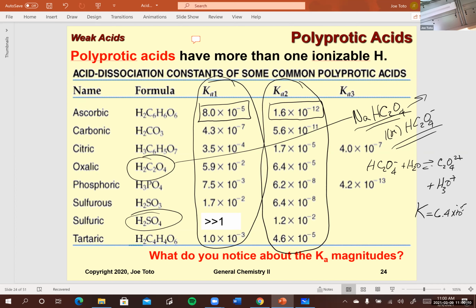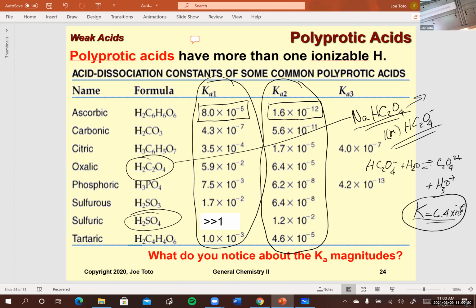And you can calculate the pH of that solution by writing out a nice table and using the appropriate K for that situation, which is the second deprotonation. Any questions on that? So it's kind of like a foreshadowing into possible problems involving the second deprotonation and using different Ks.